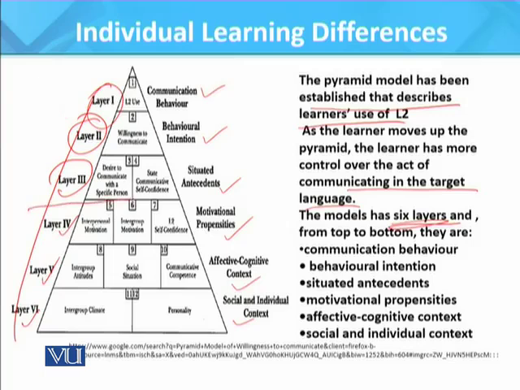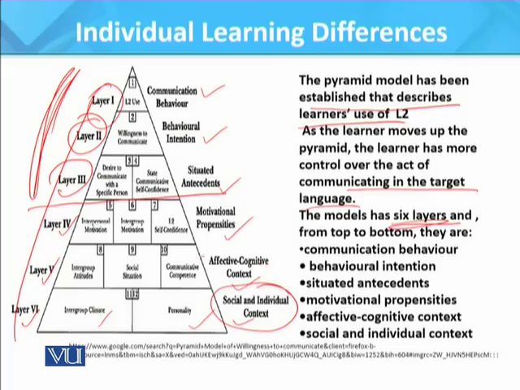These 3 have long-lasting influences on second language use, while layers 3, 2, and 1 have their influences in a given situation, at a given time, and not always. If we look at layer 6, you have the social and individual context, where you have personality and intergroup climate.